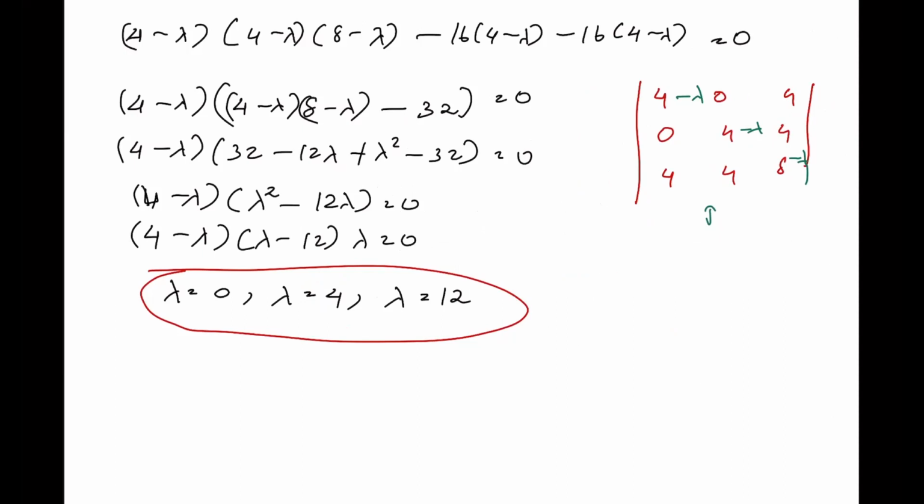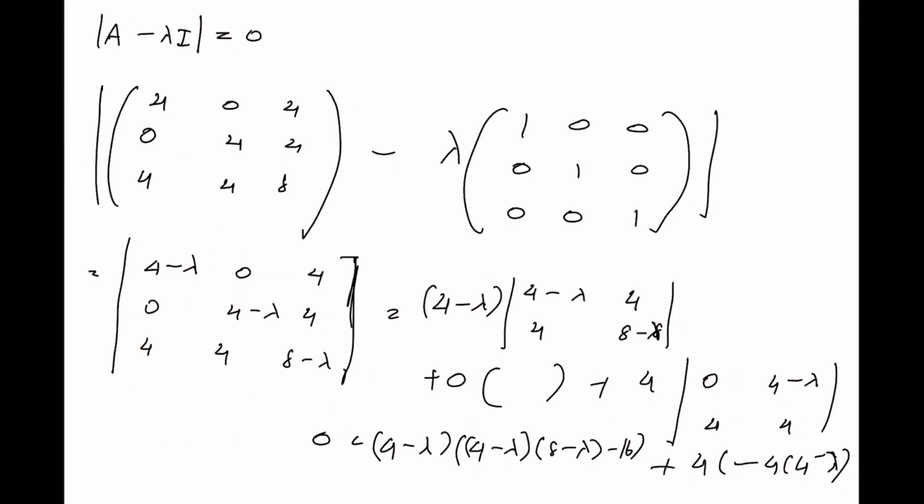So these are my three eigenvalues. Zero as an eigenvalue means that the original system, let's say Ax equals 0, has a determinant equivalent to 0. It means this system has a non-zero solution which satisfies this criterion, equal to the 0 vector. That's why you get 0 as an eigenvalue.